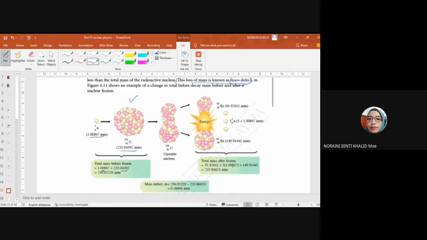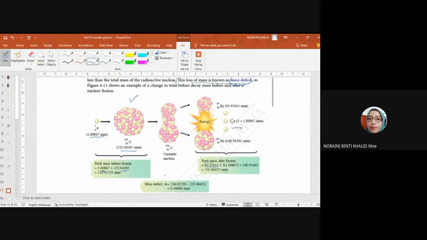After the fission process, it produces krypton and barium. So total mass after fission equals mass of barium plus mass of krypton plus mass of neutrons. So it equals 235.86653 AMU. So you can see it's not the same.